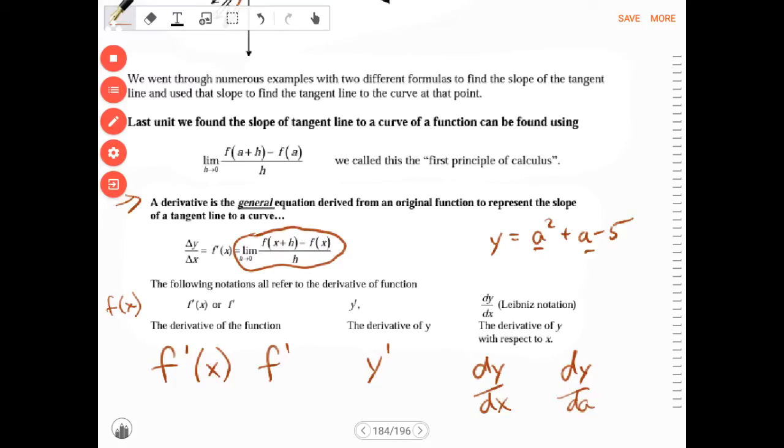That comes up a lot because we're not confined to using x's and y's. So if we make this one a different letter, like b equals a squared plus a, that would be dB dA. Not a big deal, they all mean the derivative.